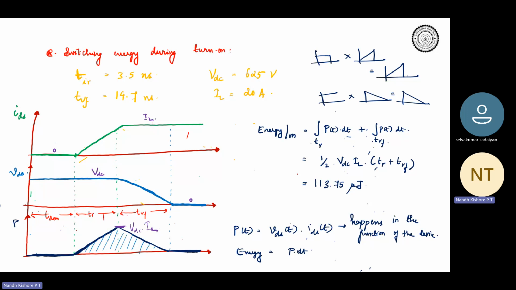Is this fine? Are you getting the same thing? Yes, this is correct, right? So this is the energy that is lost in the device when the device is turning on.